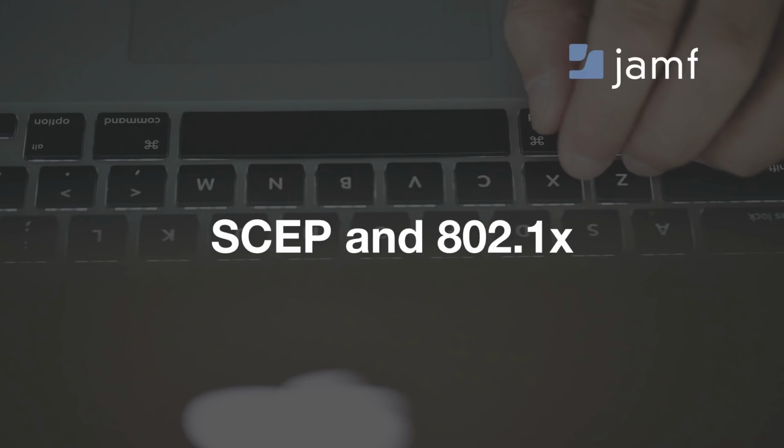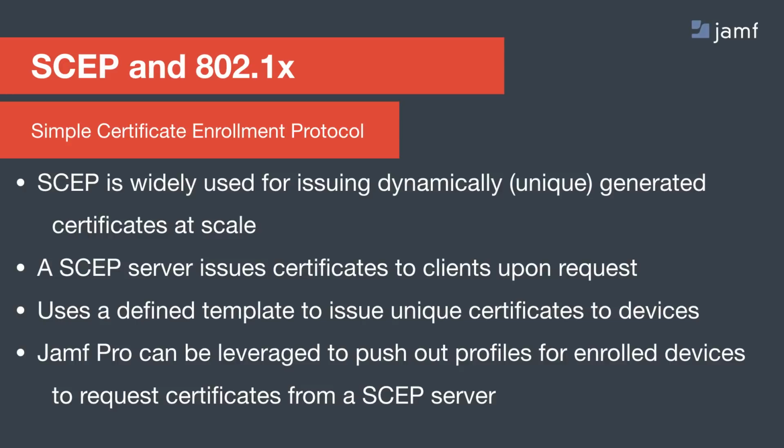So now that we've covered some of the basics of the deployment cases for both deploying a single certificate as well as maybe using AD for VPN access, we're going to look more at certificate authentication for network access. So SCEP, or Simple Certificate Enrollment Protocol, is commonly used and issues a unique certificate on demand and at scale. It's pretty widely accepted across the industry.